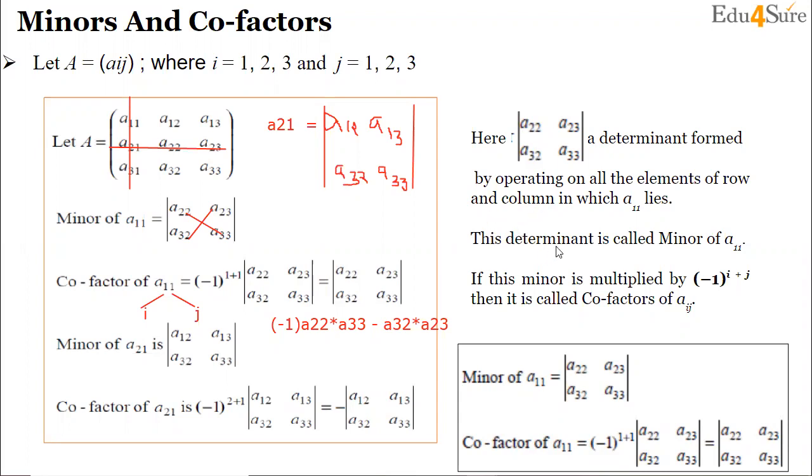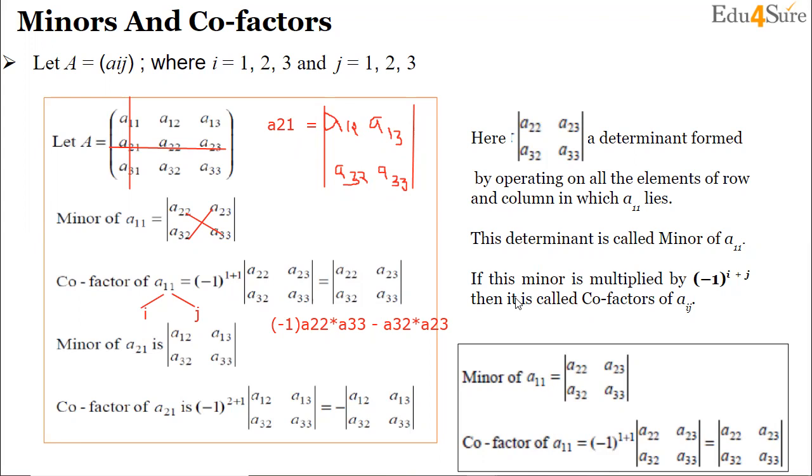So this determinant is called the minor of A11. This particular element, you can say, is the determinant of A21, or Aij, where i is 2 and j is equal to 1. So this is the determinant of which element? A21. And this is called the minor. If you multiply this minor with (-1) to the power i plus j, you will get a cofactor.